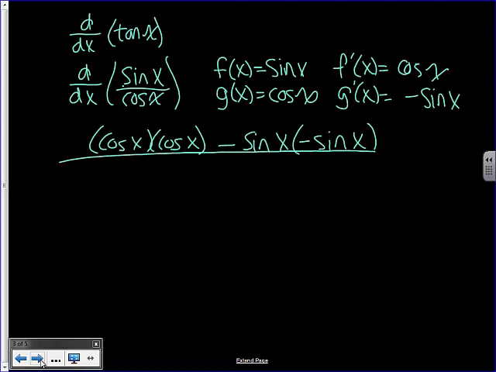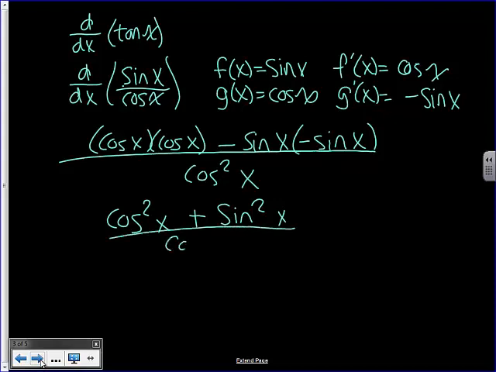So bottom squared is cosine squared. All right, so that gives me cosine squared x. Well, negative times a negative is a positive. Sine squared x all over cosine squared x.